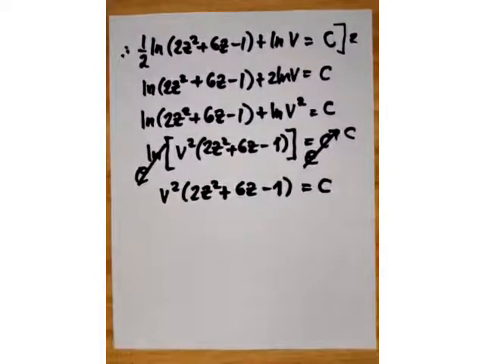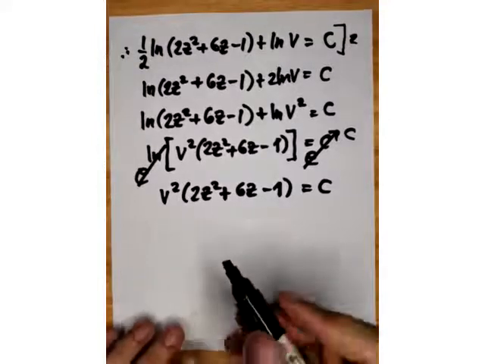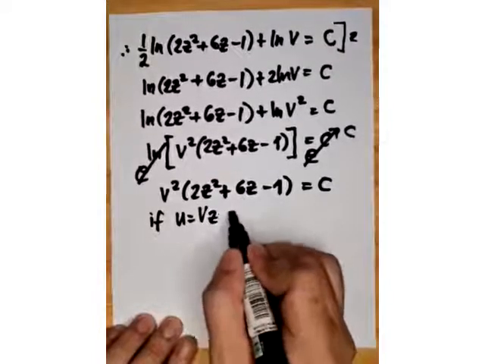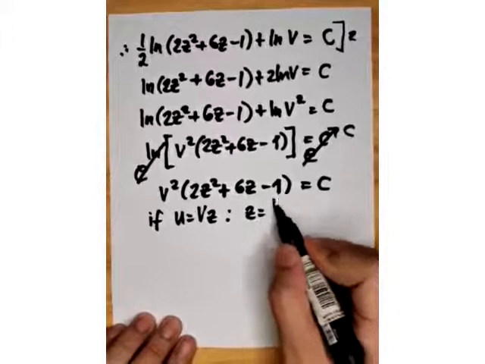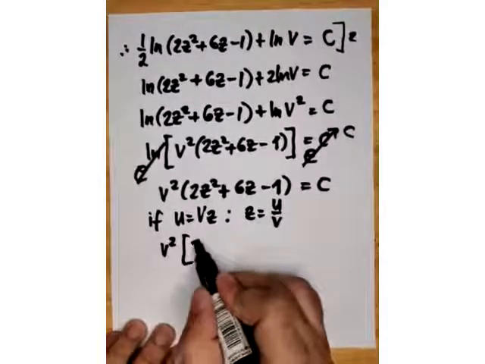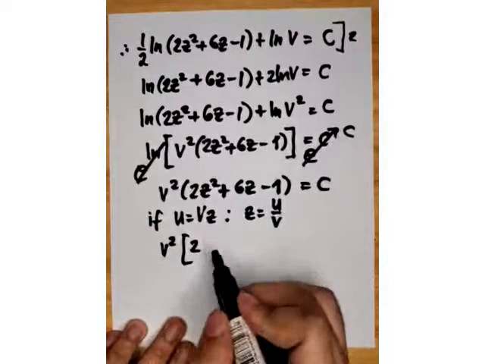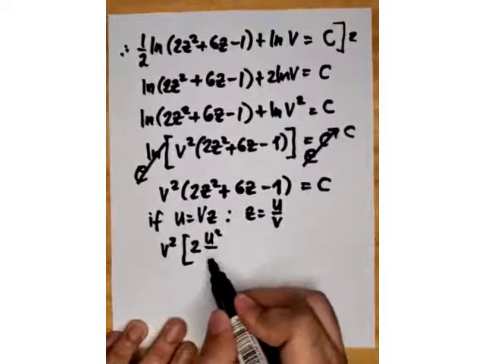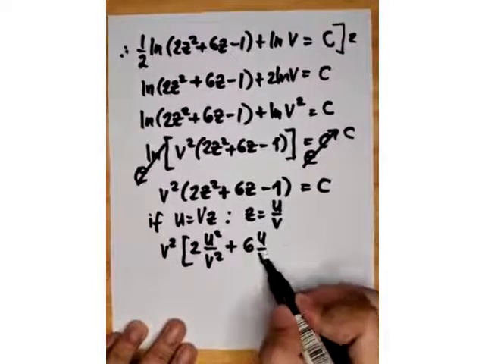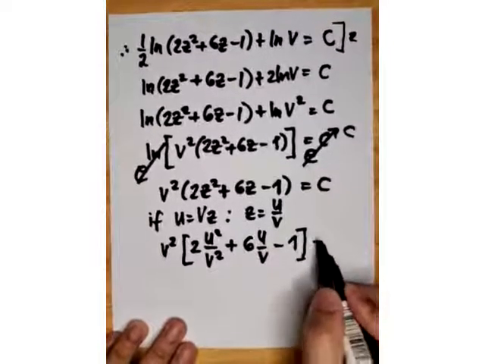Okay, so that's our general solution. Kaya lang, kailangan natin siyang ibalik ulit sa x and y. So, unahin na natin ng z. If u is equal to vz, therefore z is equal to u over v. So, we'll have v squared times 2 times u squared over v squared plus 6 times u over v minus 1 is equal to c.